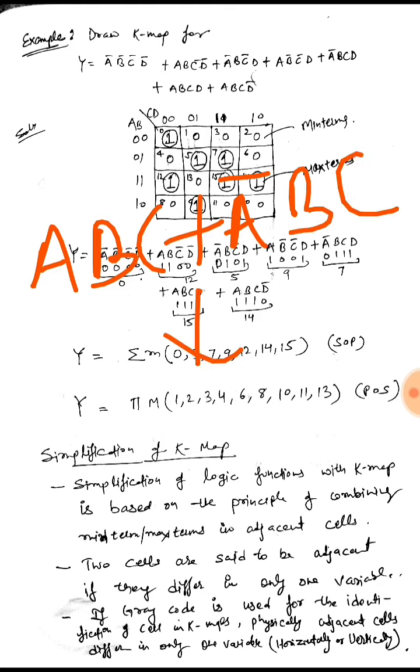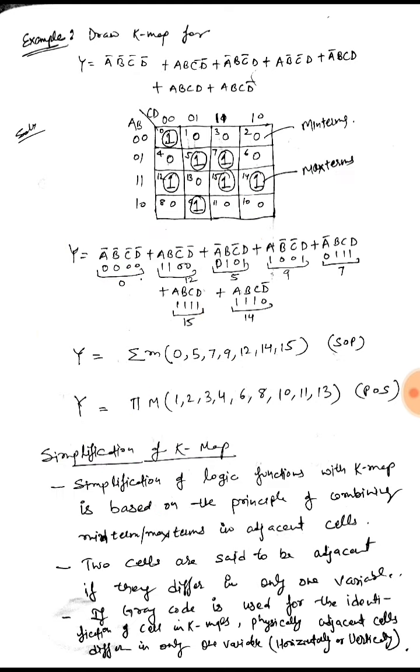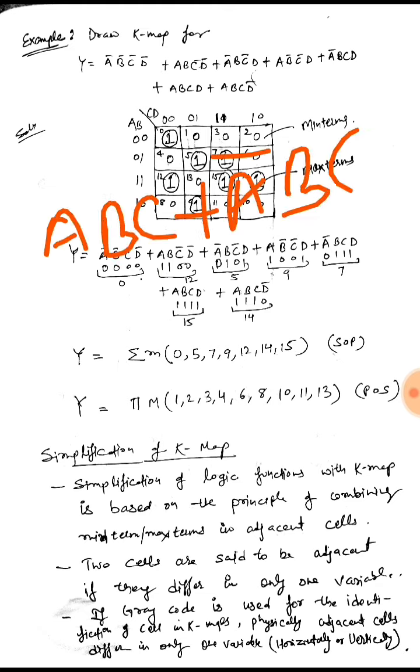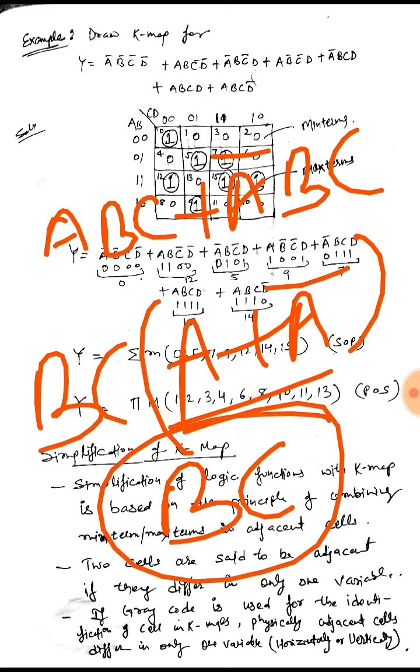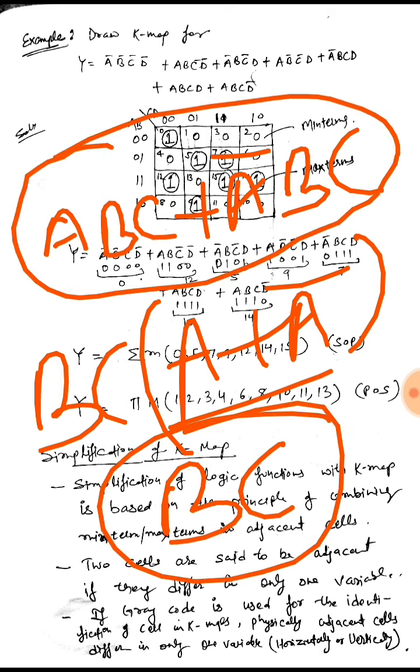Here b c is common, so it becomes (a plus a bar) b c, and a plus a bar is 1, so it only becomes b c. That is, I have converted two terms into one term with only two literals.